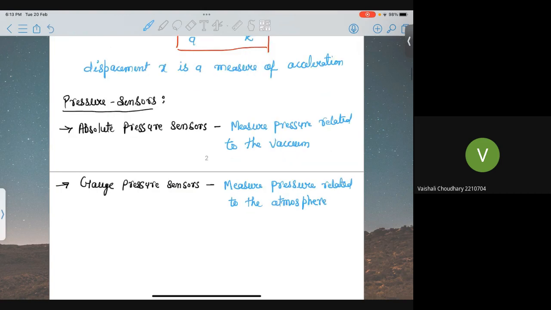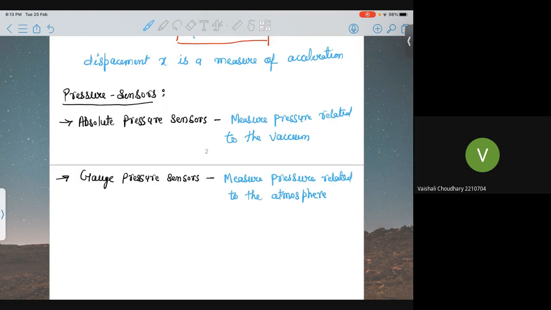Okay. Now the third and the last one is the differential pressure sensors.